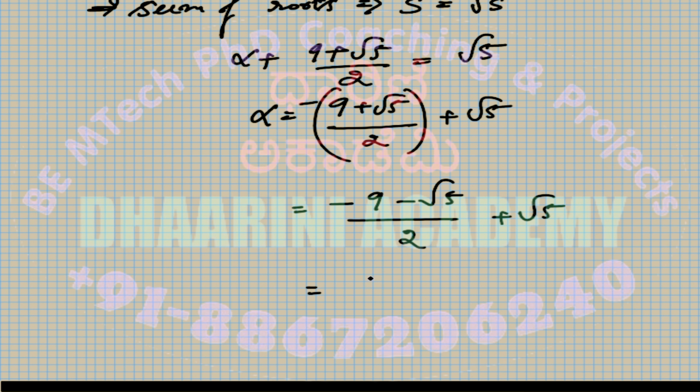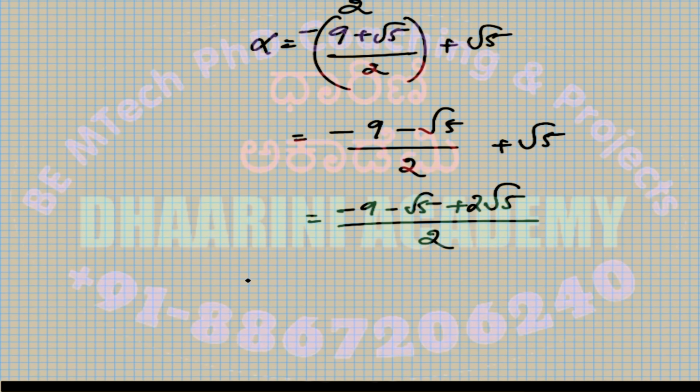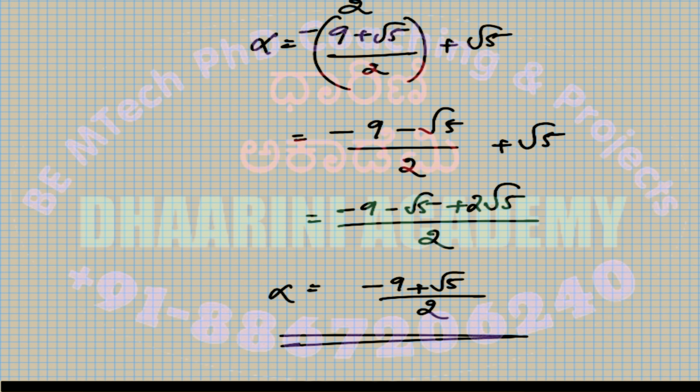So this is equal to minus 9 minus root 5 plus 2 root 5 whole divided by 2, the common denominator. So alpha should be equal to minus 9 minus root 5 plus 2 root 5, which is minus 9 plus root 5, divided by 2. So this is the required answer.